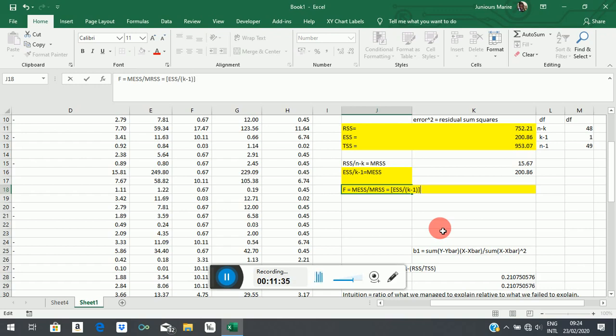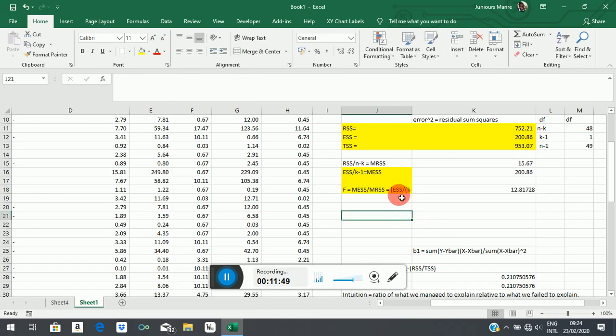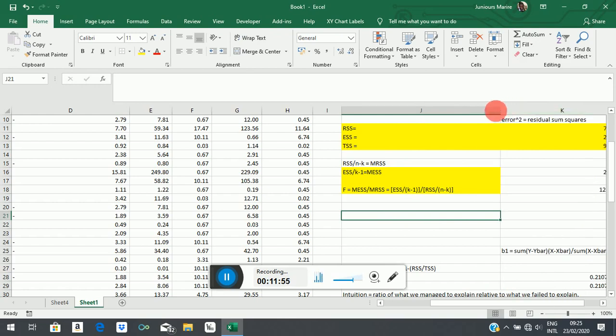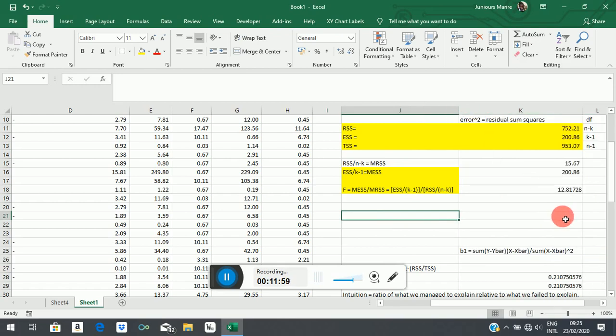Close your bracket, over, open another corner bracket, RSS over N minus K, close bracket. This is what we were doing here. Let's bring that back. Our stuff is hidden now. Okay, that's what we were doing.